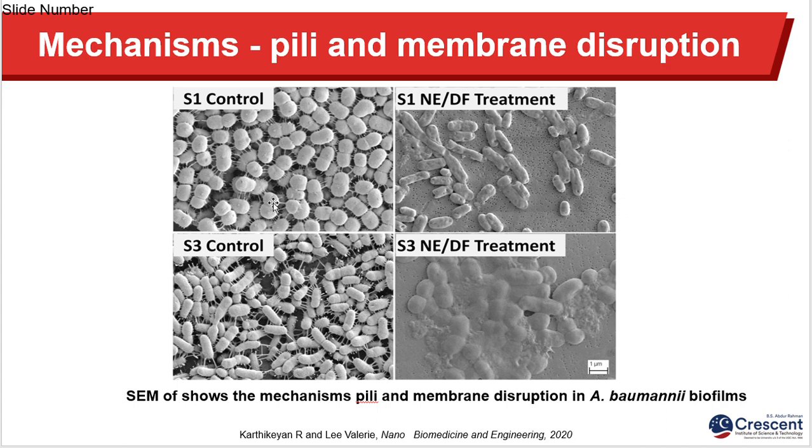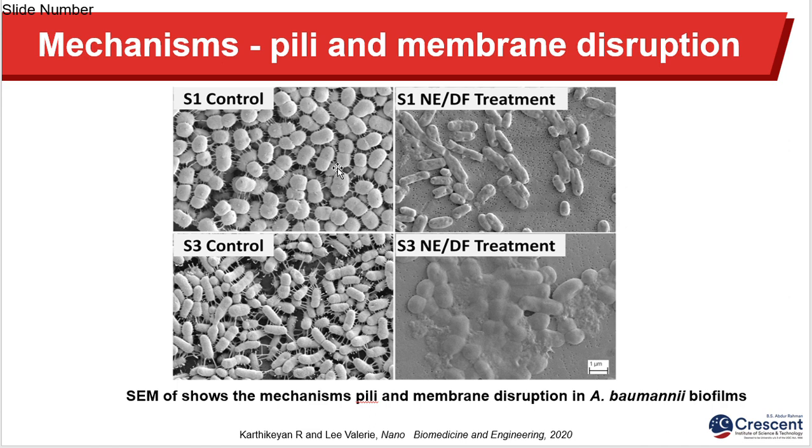We have done multiple studies. For example, this is one study done with Acinetobacter baumannii. It is one of the pathogenic organisms; it caused a lot of problems in the Iraq war also. See here, this is strain one. This is a control, and see how beautifully they made a biofilm.